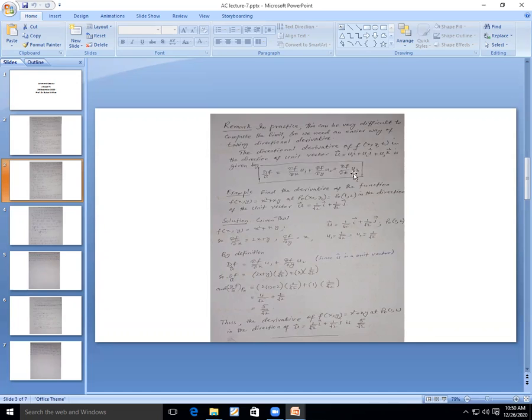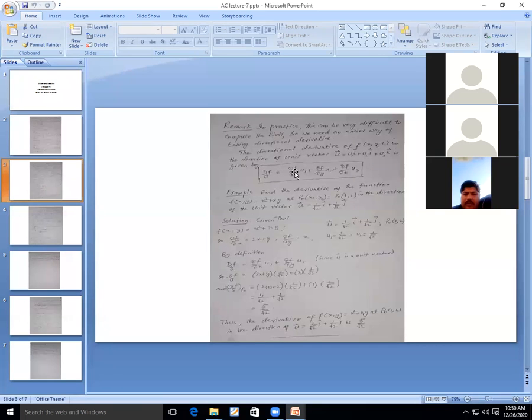Are you remembering this formula? If you are given a function in 3 variables, we use this formula. If it is in 2 variables, we delete the third term from the formula. So we use this simple formula for finding the directional derivative of the given function in the direction of unit vector at certain points. If a point is given, fine; if not, then just find the directional derivative of the function in the direction of a unit vector.